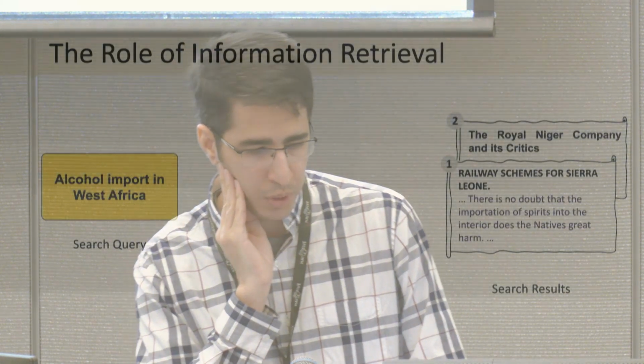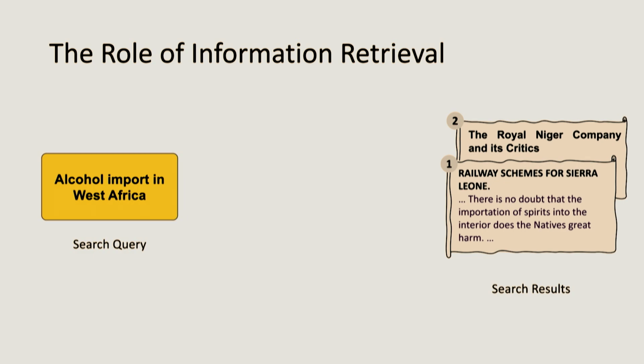So just a very quick overview of what information retrieval does under the hood. Basically, we have a search query. It can be a sentence, can be a question, can be a phrase. And we want to get the most relevant results from the corpus that we have.